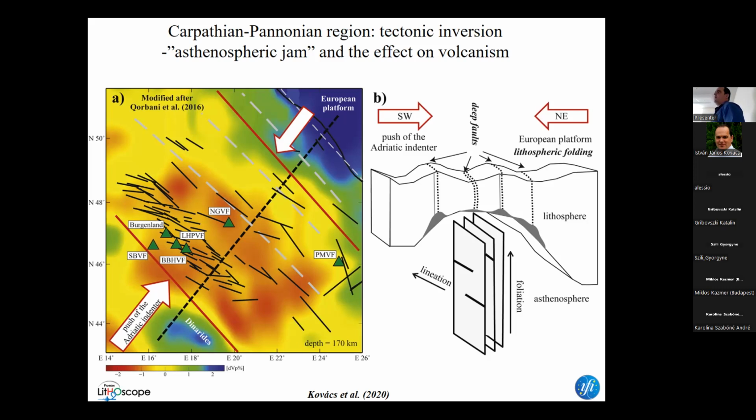Oh, well, I'm not sure that we need to have that, but I can hardly imagine that we have alkaline basalts without some kind of organized conduits in the crust and in the lithospheric mantle. Just coming back to your point, we did some preliminary research on the position of the alkaline basaltic domes or localities in Nógrád-Gömör, the Bakony-Balaton Highland, and the Styrian Basin.